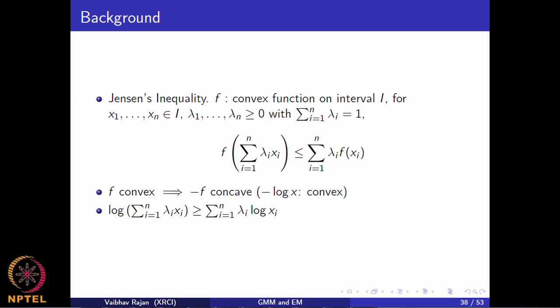And if we use the fact that minus log x is convex and put it here, then we get this inequality, right. It is the same thing. The function is just the logarithm. So what we see is that log of a summation is always greater than or equal to the summation of those lambda i times log xi, right.